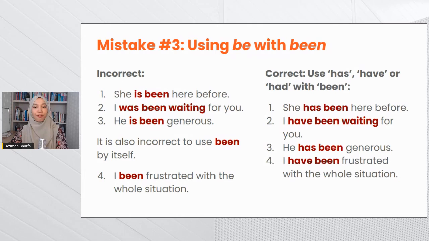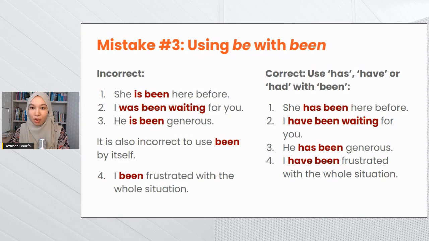I have been frustrated with the whole situation. So how many of you are now noticing the mistakes that you make? You're like, oof, oh right. Oh, I didn't know that. Now I know. That's why you're here, right?